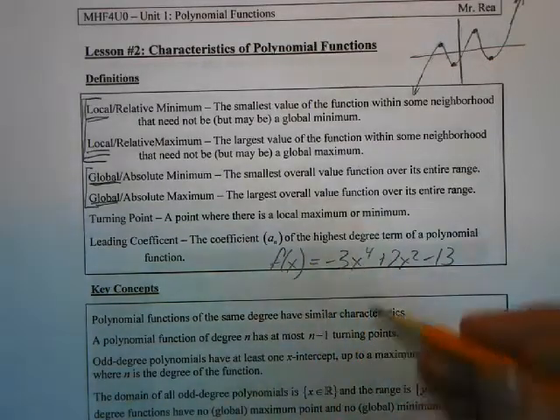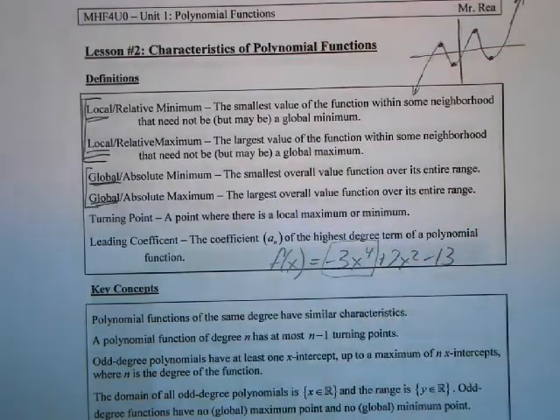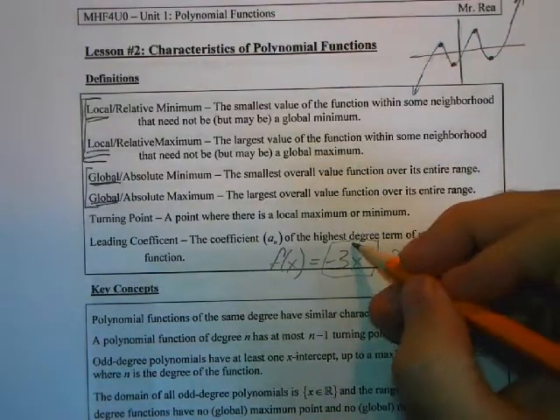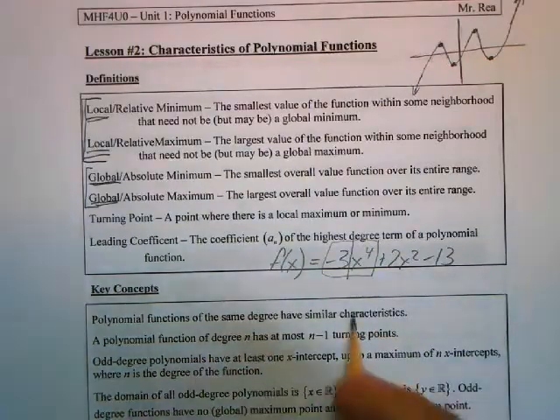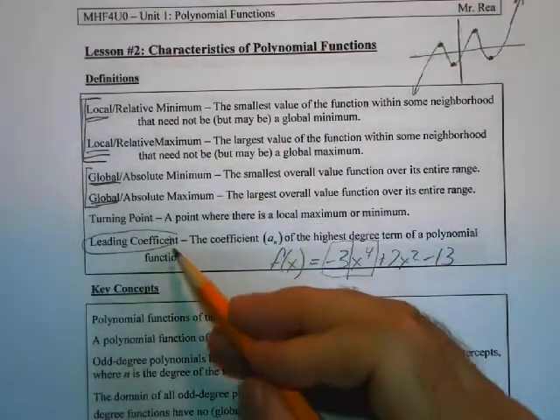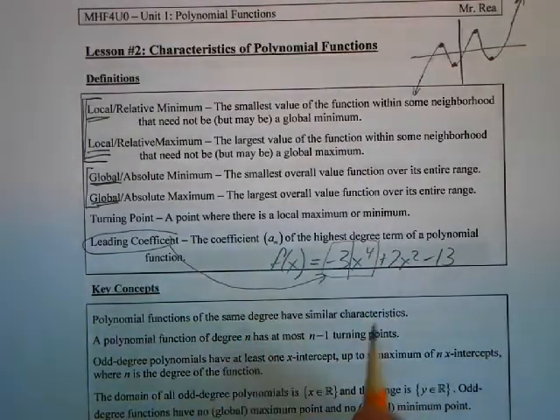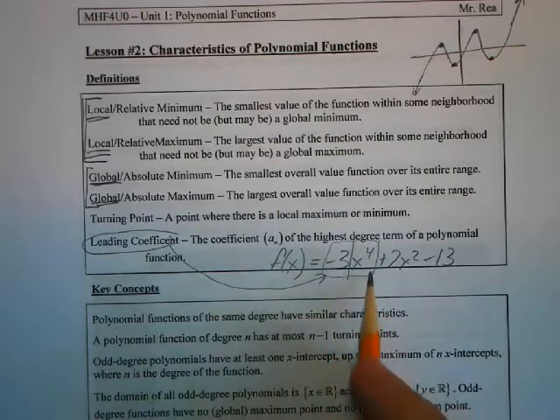Whatever term has that highest exponent, we call that the leading term, and whatever the coefficient is of that leading term is called the leading coefficient. So in this case, the leading coefficient is -3. It's not always the first term.